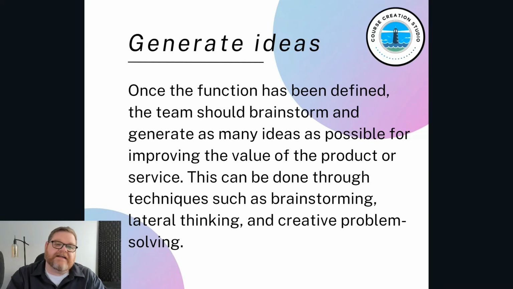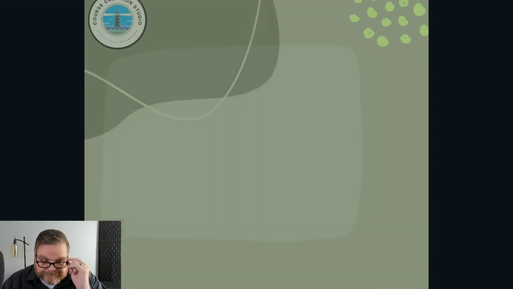And then off the audience, I might say, busy business owners, moms, single dads, and that would give me the ideas for the mind map. So, anyways, I spent a lot of time talking about mind maps, but you generate ideas. Once you know the function, what are the ideas that you have to improve the value while reducing the cost?